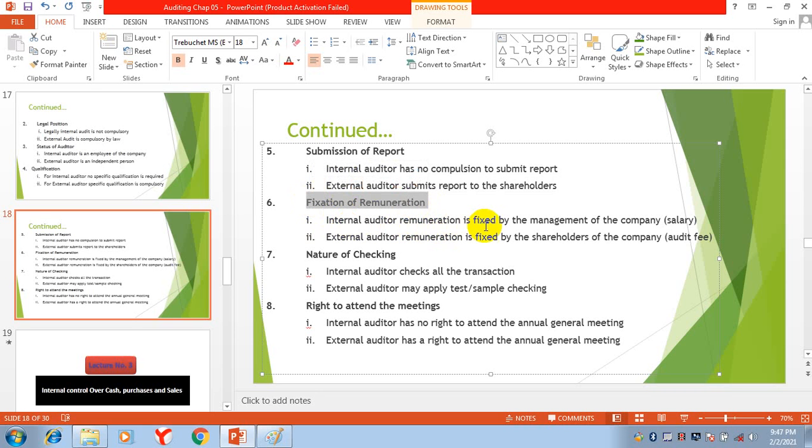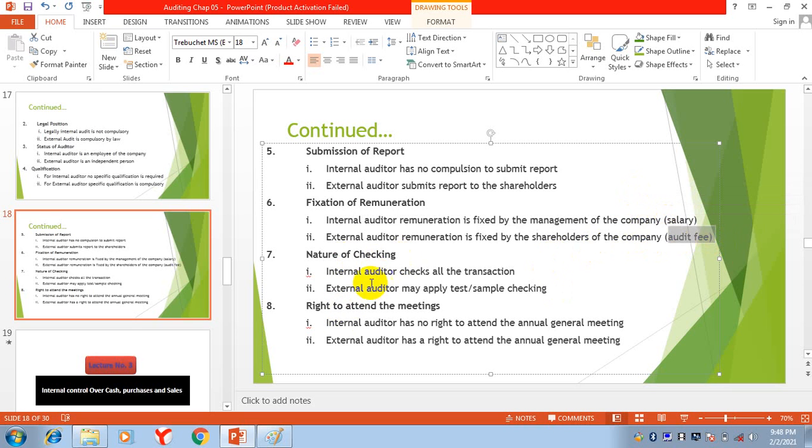Internal auditor's remuneration is fixed by management of the company. External auditor's remuneration, basically the audit fee, is fixed by shareholders of the company.